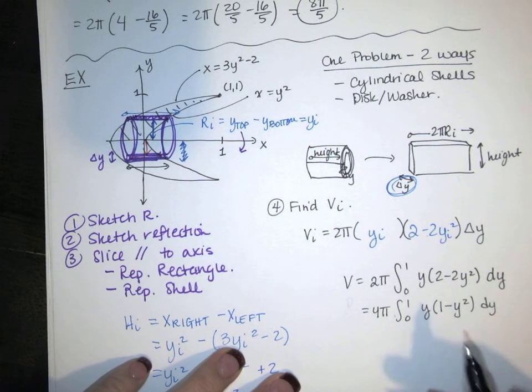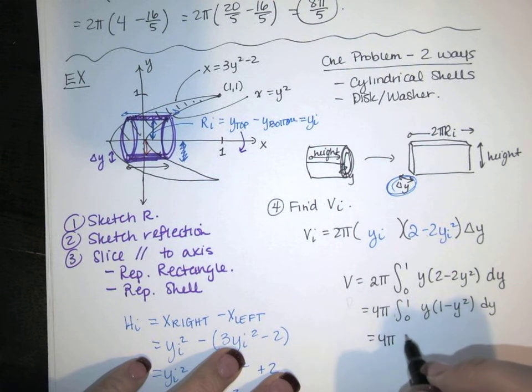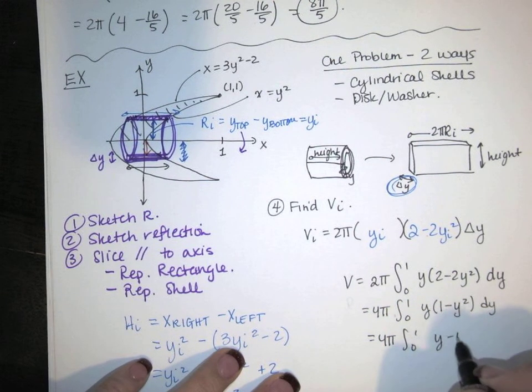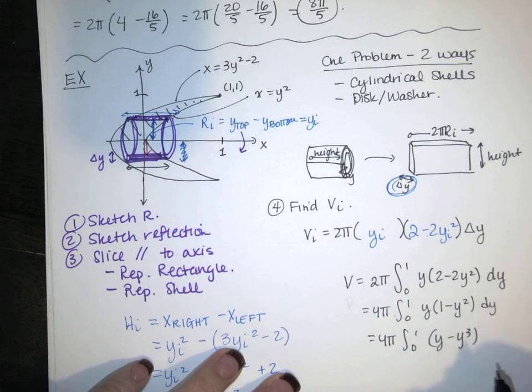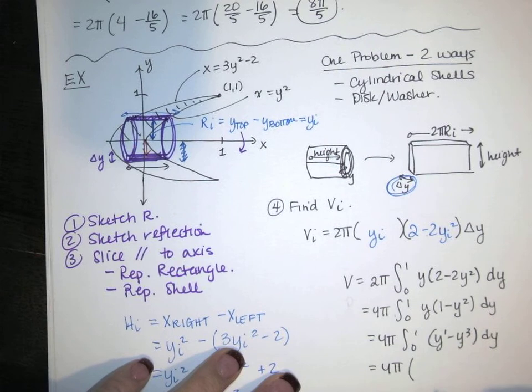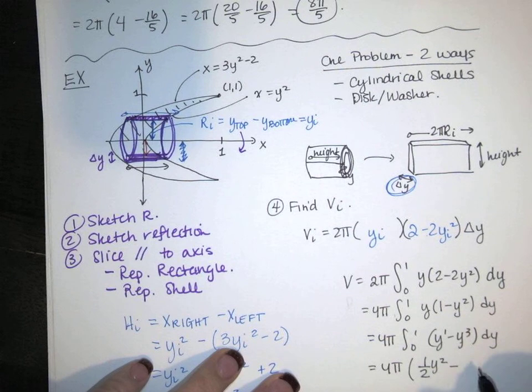Now you've still got to distribute this y. Y times 1 is y. Y times negative y squared is negative y cubed. And then you anti-differentiate using the power rule. Add 1 to the exponent. Divide by the new exponent. Bring the negative down.